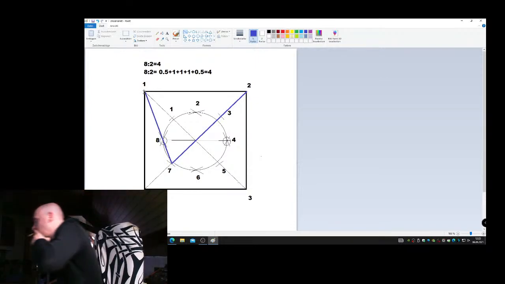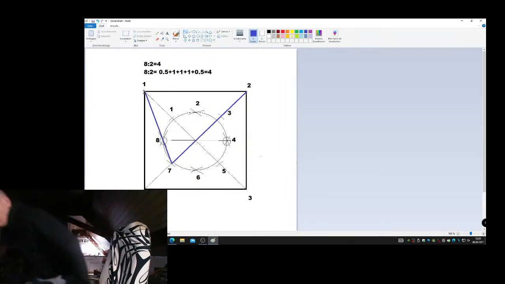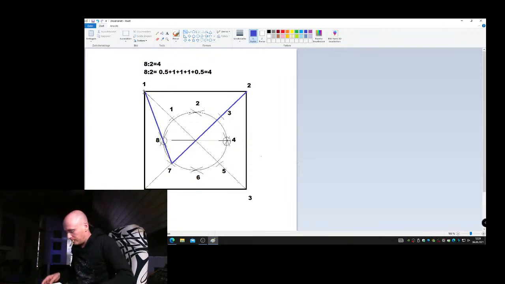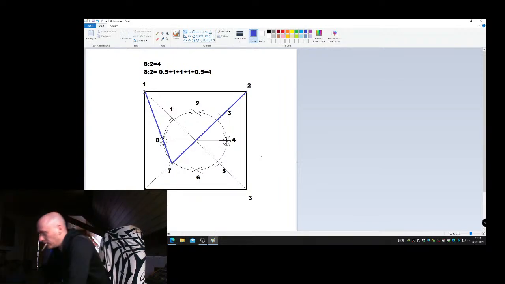I have taken my book. I have written down here how it is. It is difficult enough to not directly understand if you're not working at it. Here it is.